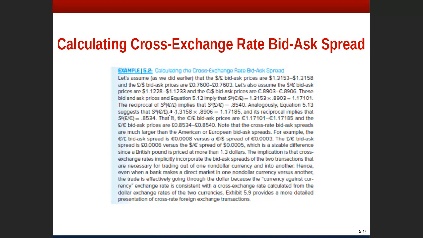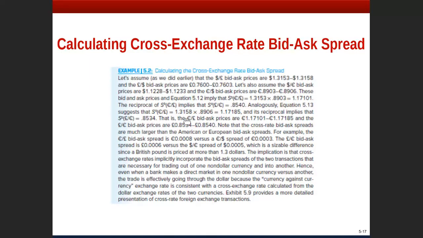the exchange rate, I'm sorry, between the pound and the euro being equal to 0.8540. Analogously, equation 5.13 suggests these numbers here, and the reciprocal gives 0.8534.